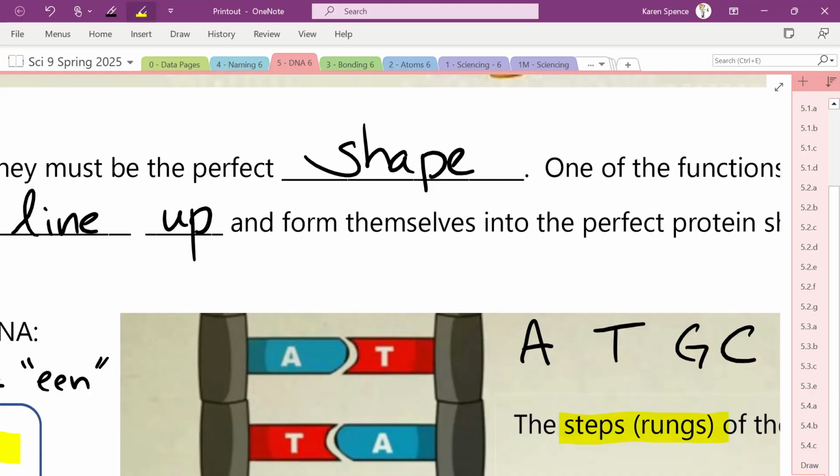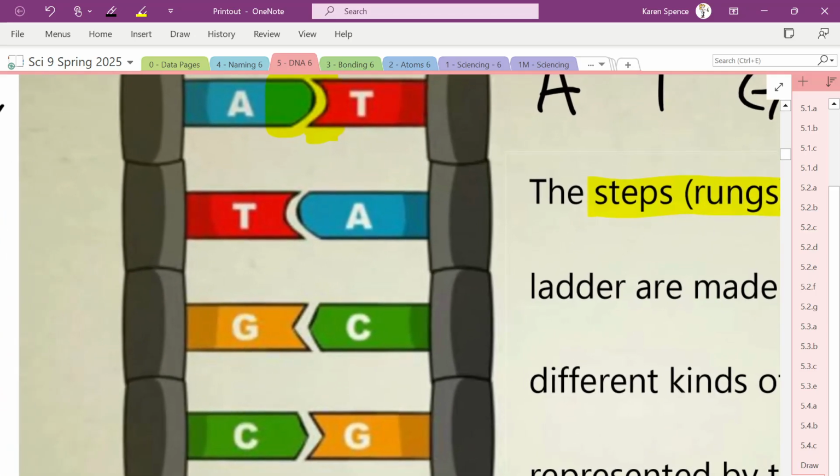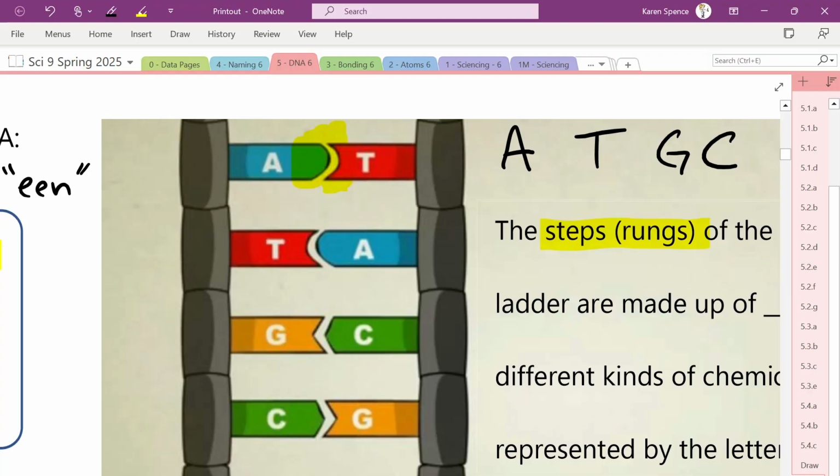What do you notice about the shape? It's like a little puzzle. The A's and the T's, at least in this picture, are semicircles. What about the G's and the C's? They're like an arrow kind of shape.